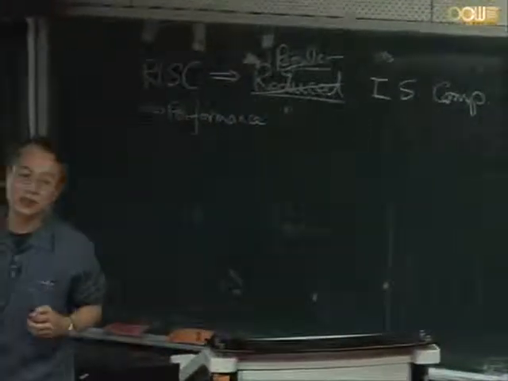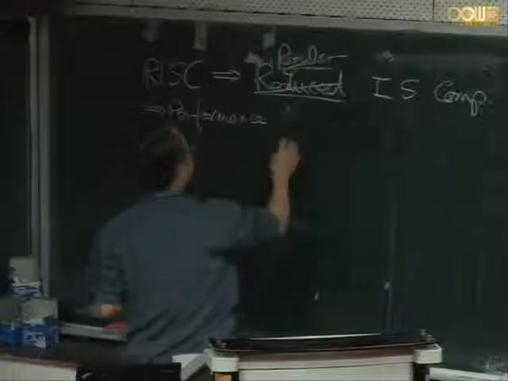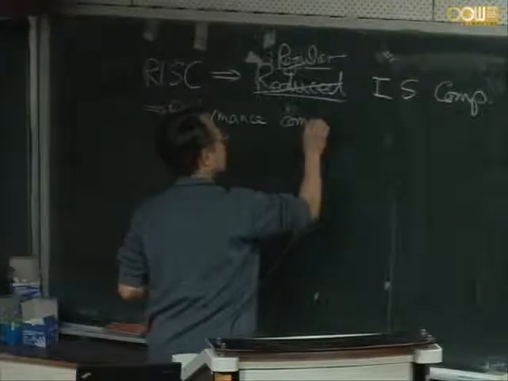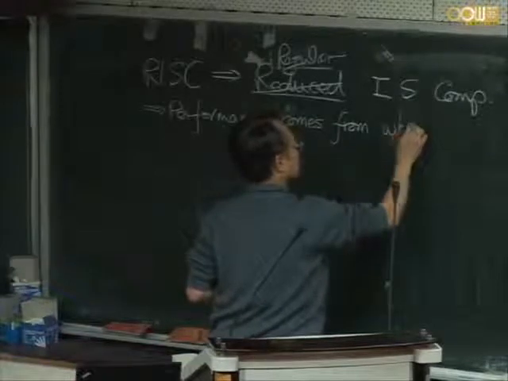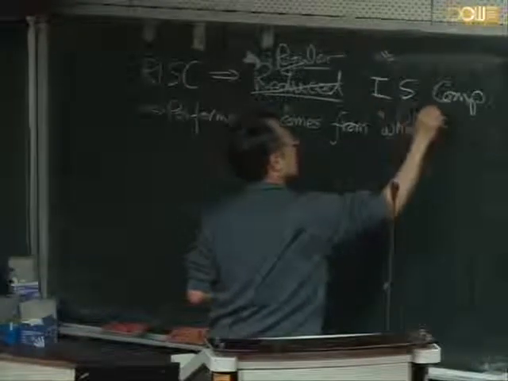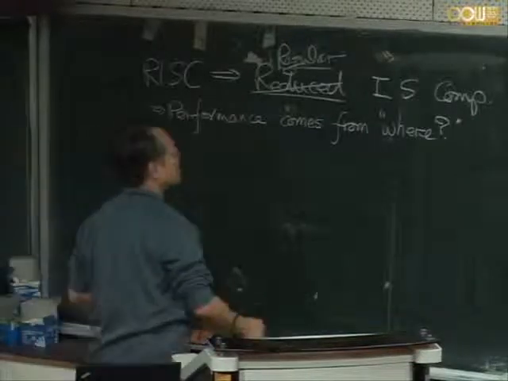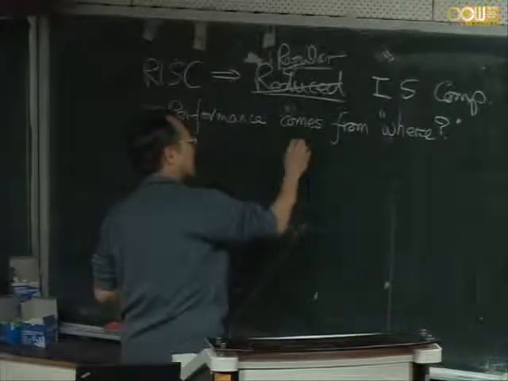So my second question will be, where does performance come from? Do you know? From several things. But one key word says it all. Performance comes from pipelining.